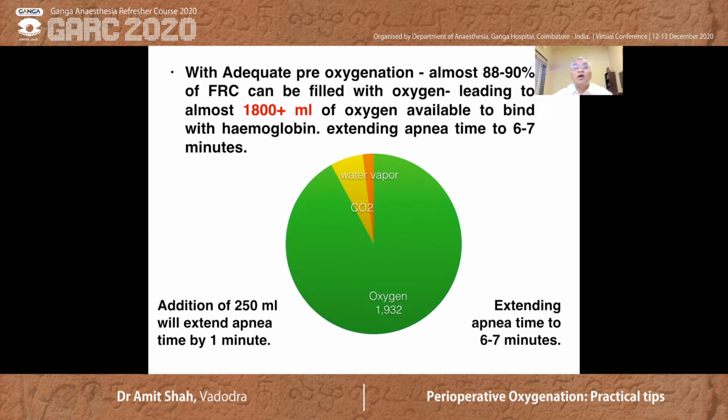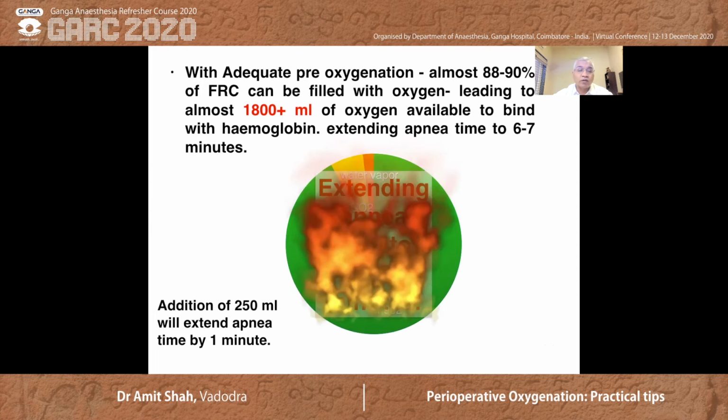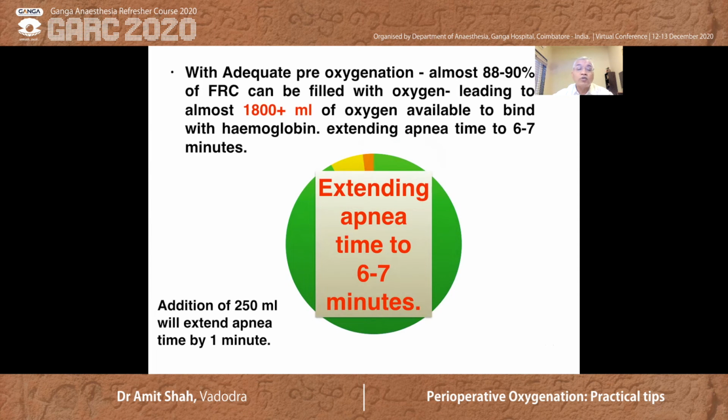Now, with adequate pre-oxygenation and considering FRC at 2.5 liter, you get almost 1800 plus ml of oxygen available to bind with hemoglobin, which extends apnea time by 6 to 7 minutes. So up to 6 to 7 minutes of apnea, no desaturation occurs.